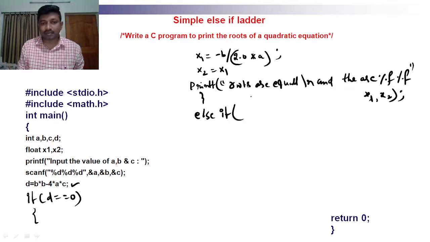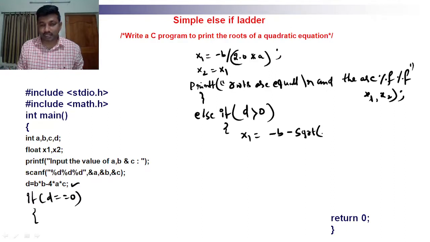Else if d greater than 0, how do you calculate? x1 is equal to minus b minus square root. In C programming we have a function called sqrt, which is available in math.h, so you need to supply the square root of the number here. Let it be d, divided by 2a.